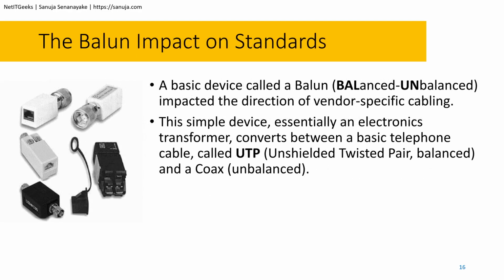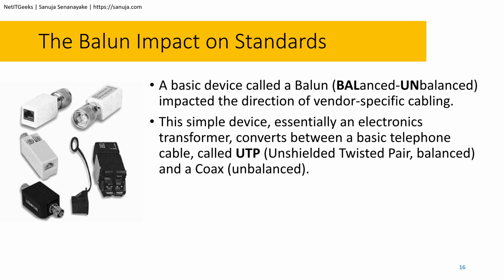So that's why. Now let's learn about the balun's impact on standards. A basic device called a balun, also known as balance-unbalance, that's where the name balun comes from, impacted the direction of vendor-specific cabling.